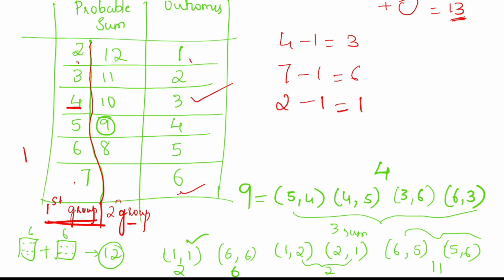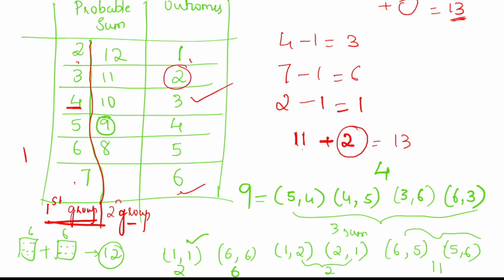For example, for the sum to be 11, how many outcomes are there? If you add 2 to 11, you will get 13. That means to get sum 11, you will have 2 outcomes.